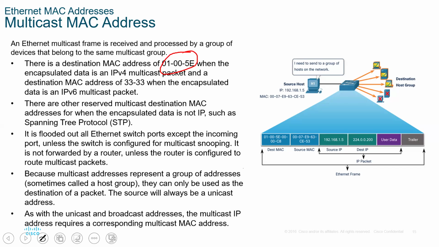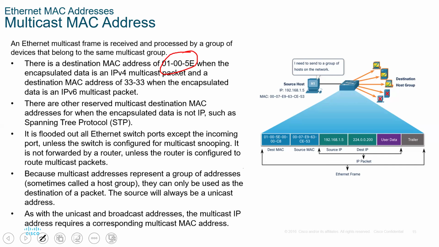So, the encapsulated data is an IP version 4 multicast packet, and a destination MAC address of 33 is used when the encapsulated data is an IP version 6 packet. But there are other reserved multicast destination addresses that you could use when the encapsulated data is maybe not IP, such as STP and things like that.